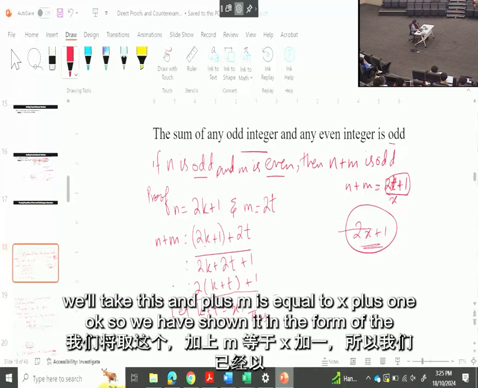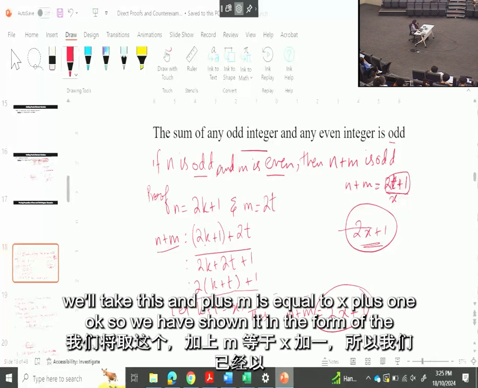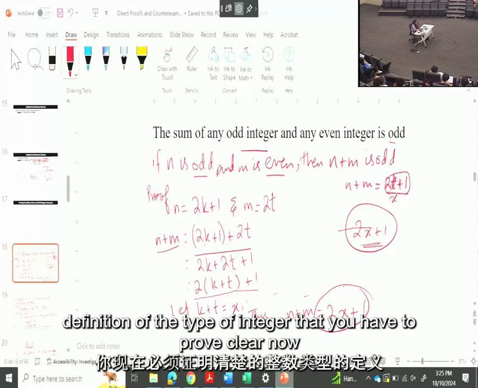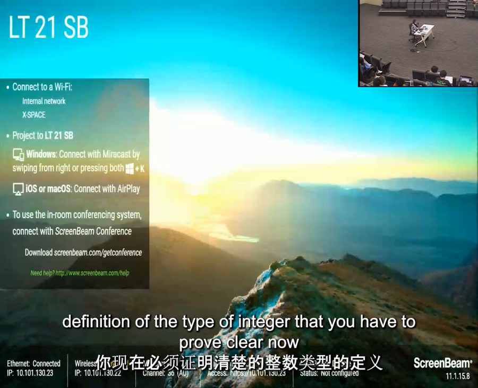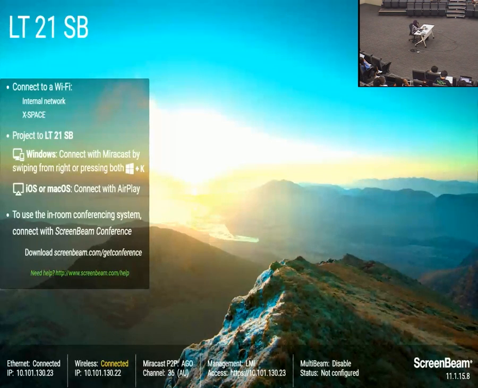Okay, thus we'll take this, n plus m is equal to 2x plus 1. Okay, so we have shown it in the form of the definition of the type of integer that you have to prove. Is it clear now? Yeah? Okay.